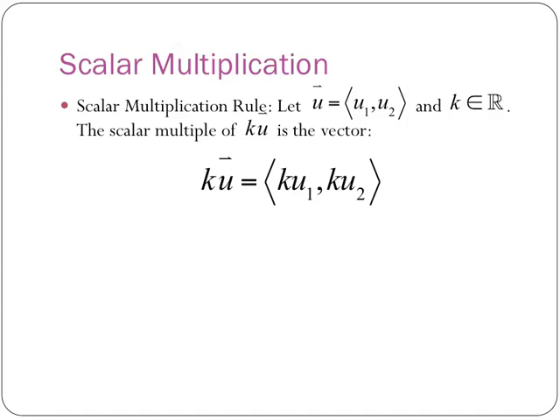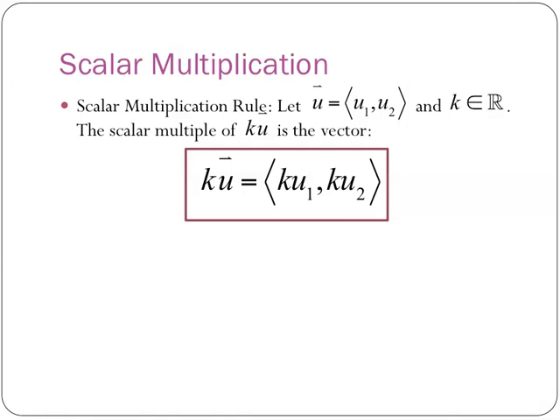So k times u1 would be the first component, and k times u2 would be the second component. So really all you have to understand from this is that in order to multiply a vector by a scalar, you multiply both components by that scalar.